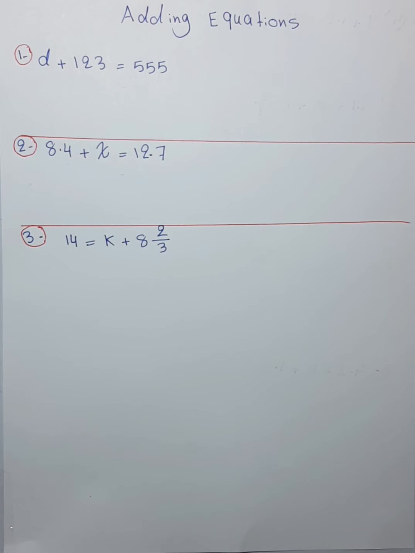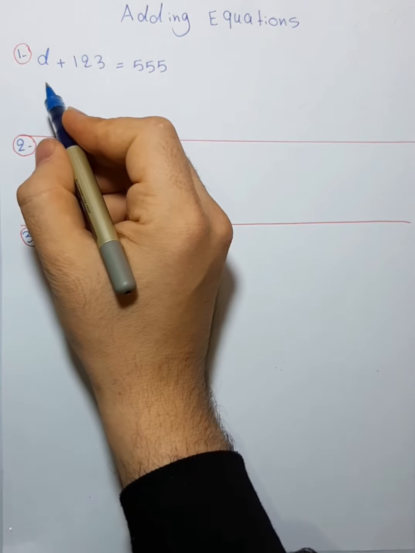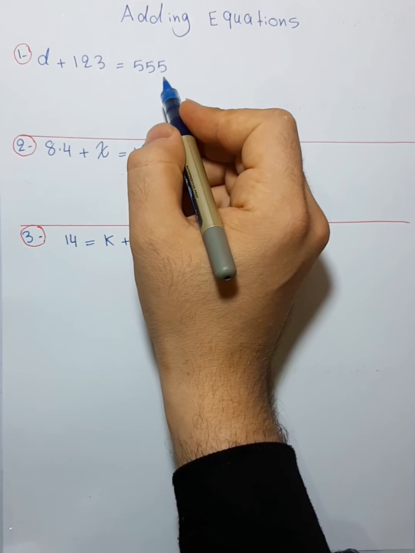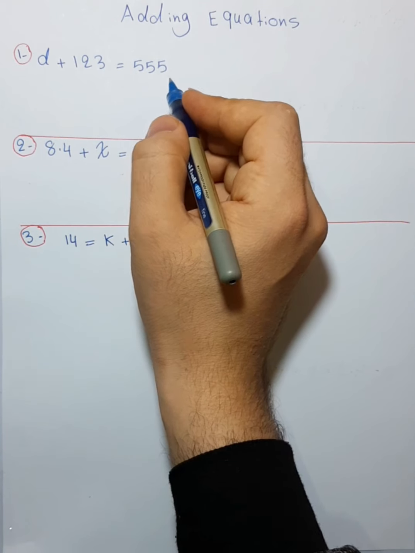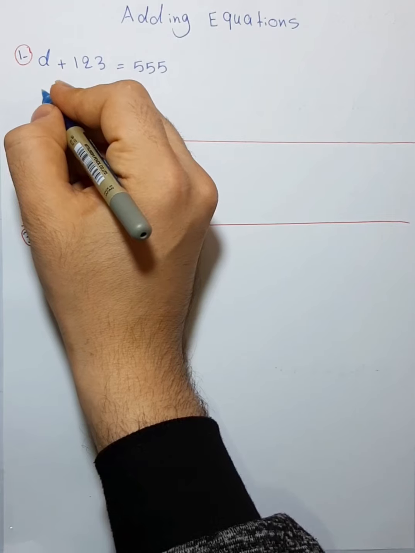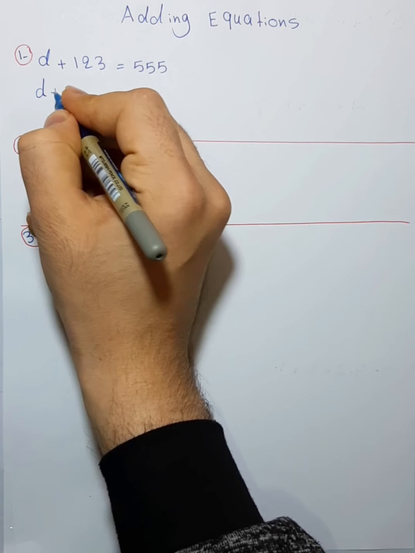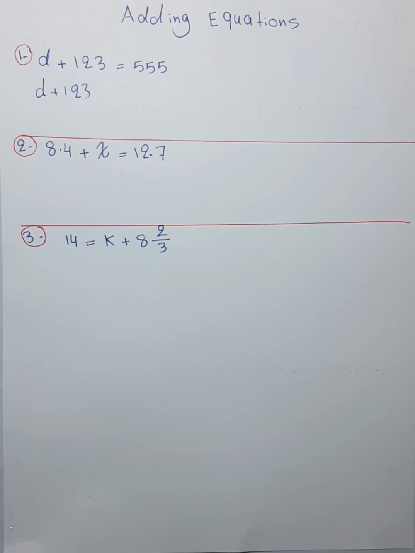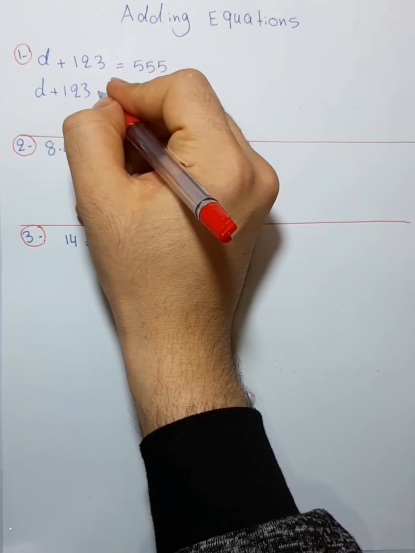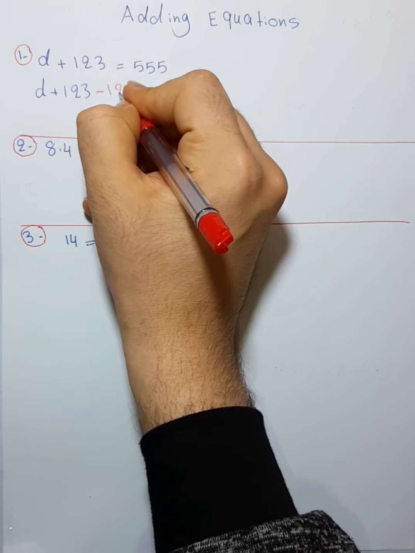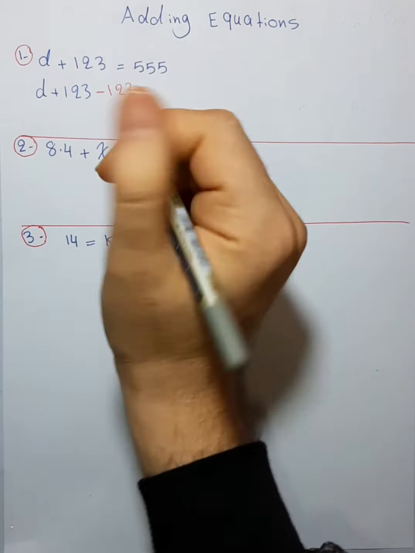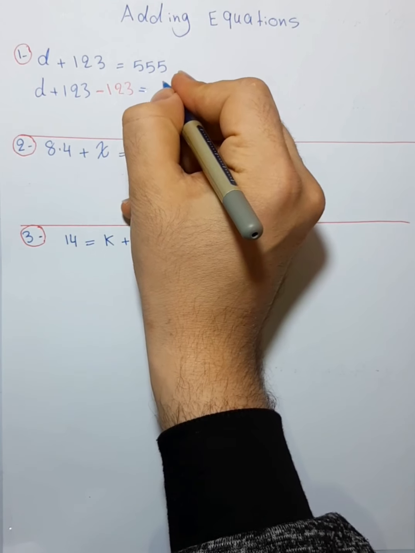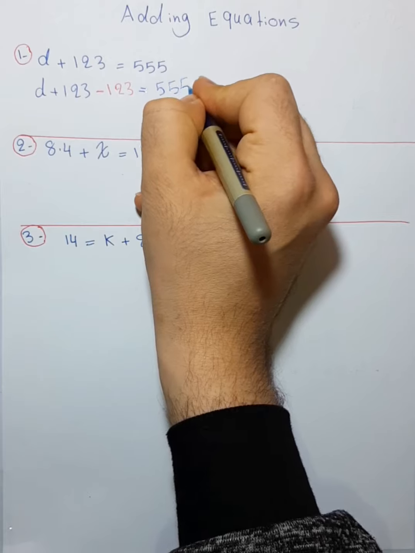We have to take the inverse of positive 123 for left and right side. So d plus 123, the inverse of plus 123 is minus 123, and then we have equal 555.